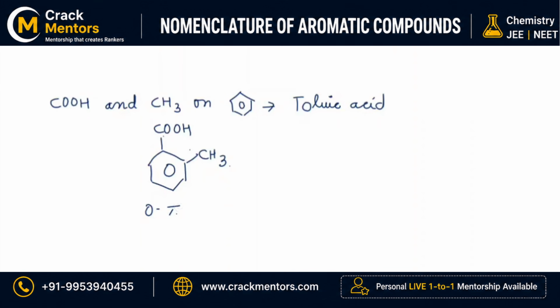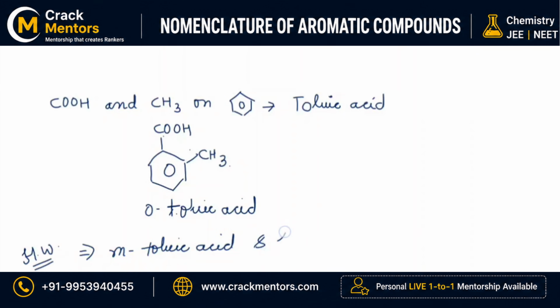So what will be the name? The name will be O-toluic acid. Now it's your homework to draw the structure of meta-toluic acid and para-toluic acid. Okay, this you have to do.